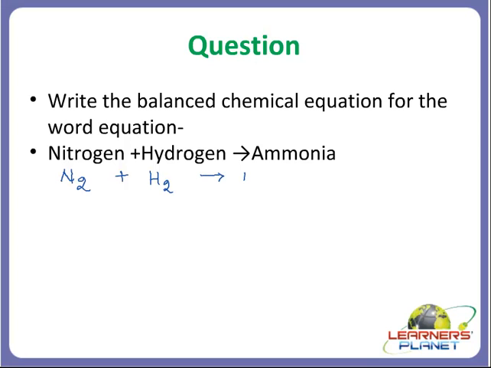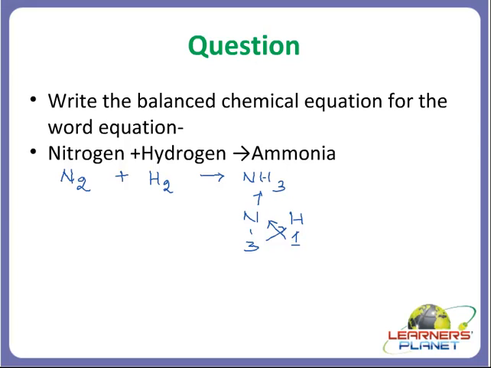They are forming ammonia, NH3. Now, is this equation balanced? NH3, again how did we write the formula? Nitrogen, valency is 3. Hydrogen, valency is 1. You cross multiply and what you'll get is NH3.